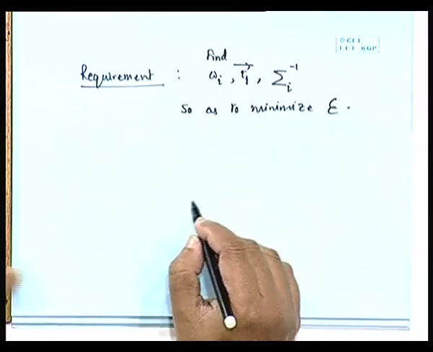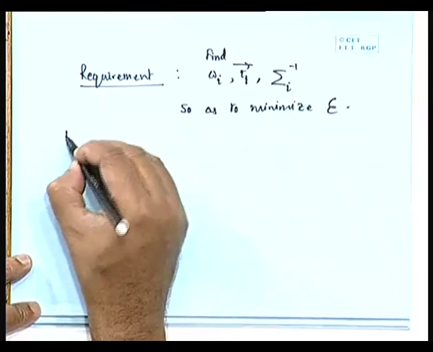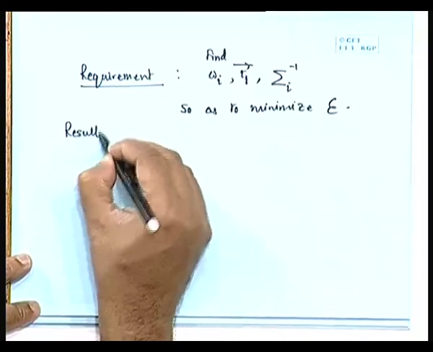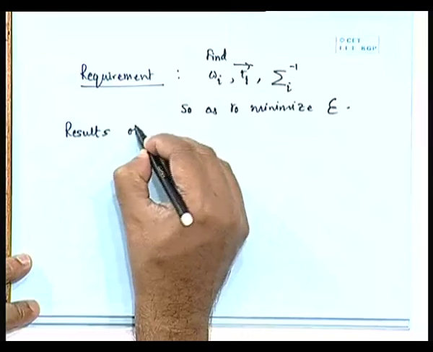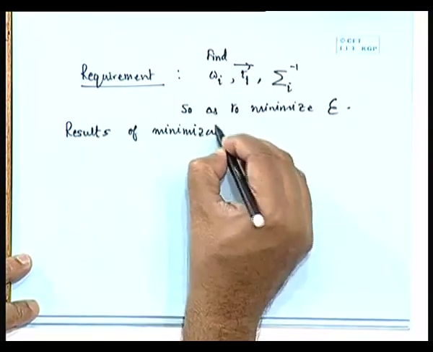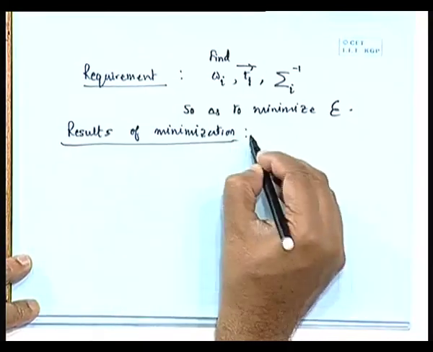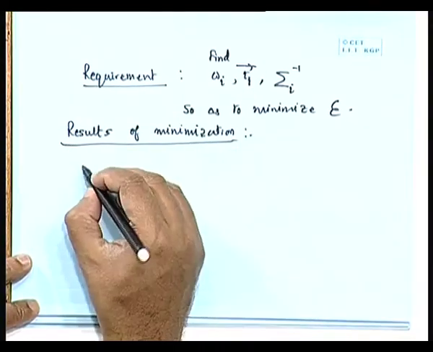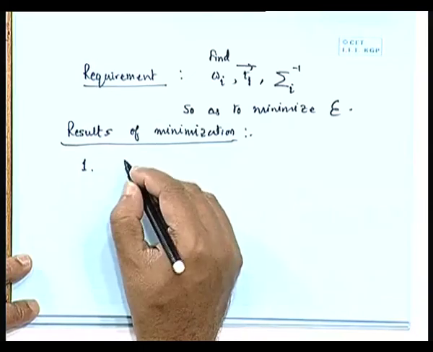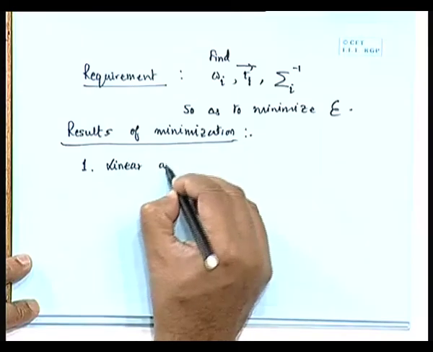So, the result of this minimization we can summarize as follows. In fact, I am writing the results, but you can do it as an exercise yourself. The first result that we present is that of the updating of the linear weights.